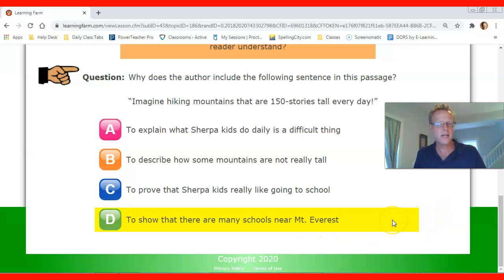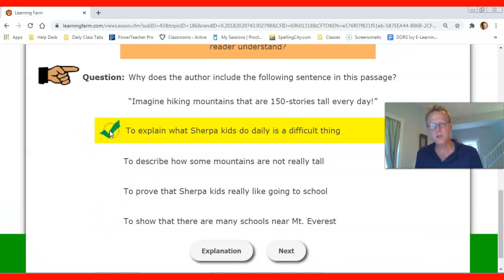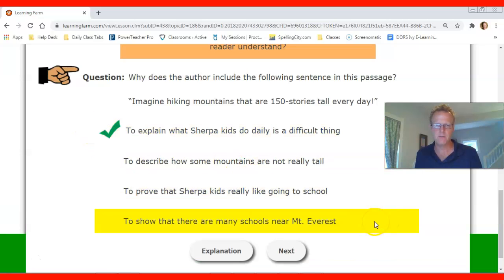Well, is that the main reason? If I had to guess, I'm going to say that the main reason is A. It's the strongest, in my opinion.